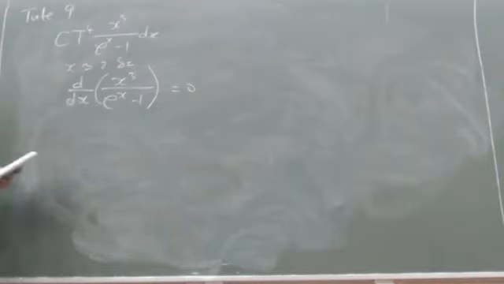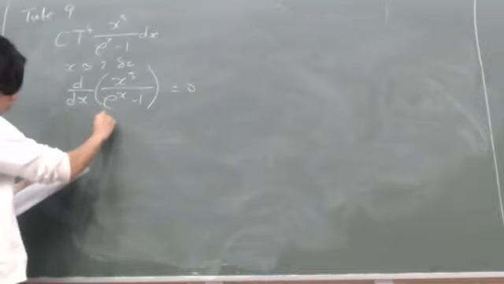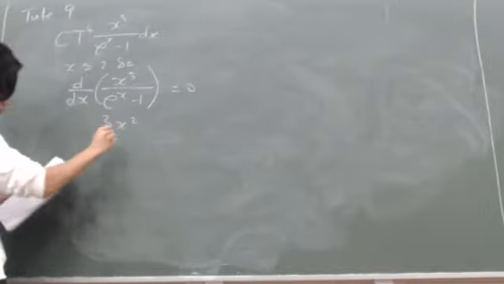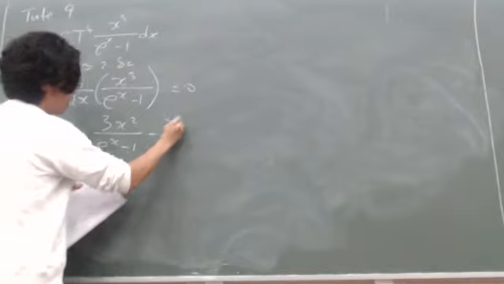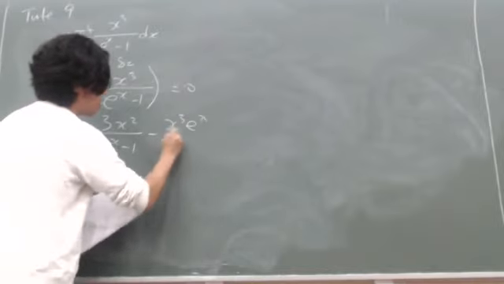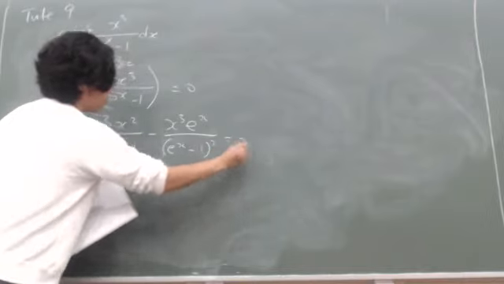This is a slightly easier derivative than you have to do normally. So just 3x squared over e to the x minus 1, minus x cubed e to the x over e to the x minus 1 squared, is equal to 0.